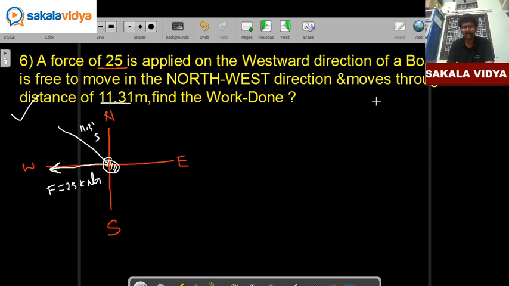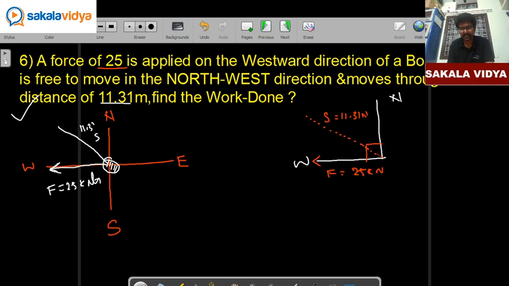So let us draw the free body diagram of this. This is north and this is our west. Our northwest lies exactly in between west and north, where the displacement is 11.31 and the force is 25 kilonewtons.